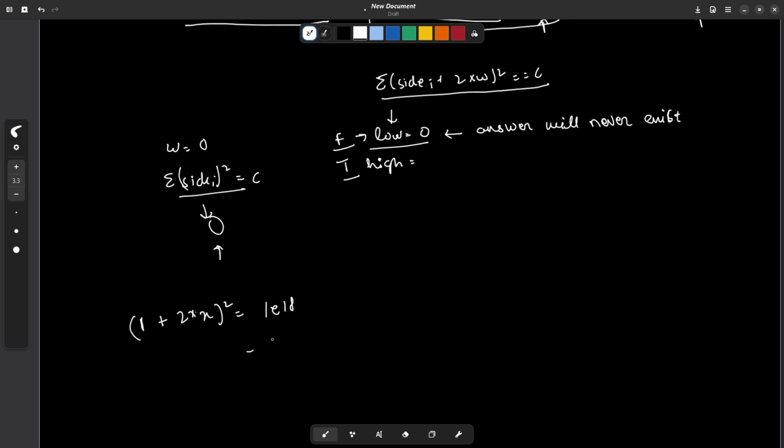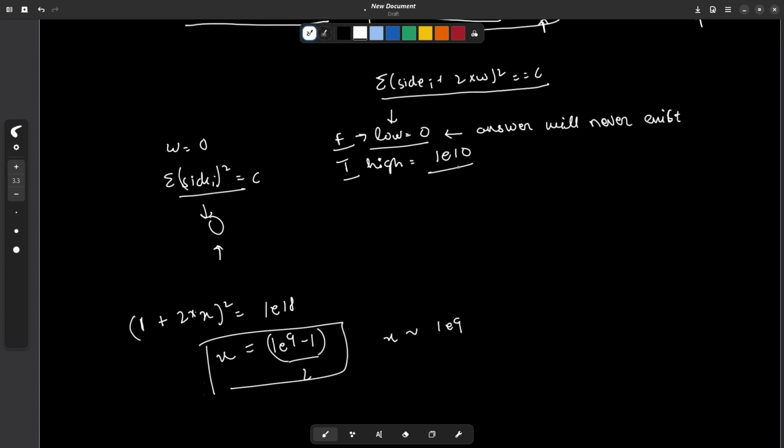So this is roughly 10 raised to the power 9 minus 1 divided by 2. This is the value of x. I can say that x is roughly 10 raised to the power 9. So if I set my high as 10 raised to the power 10, then I can surely say that if I take my high as this value, the answer will always exist.